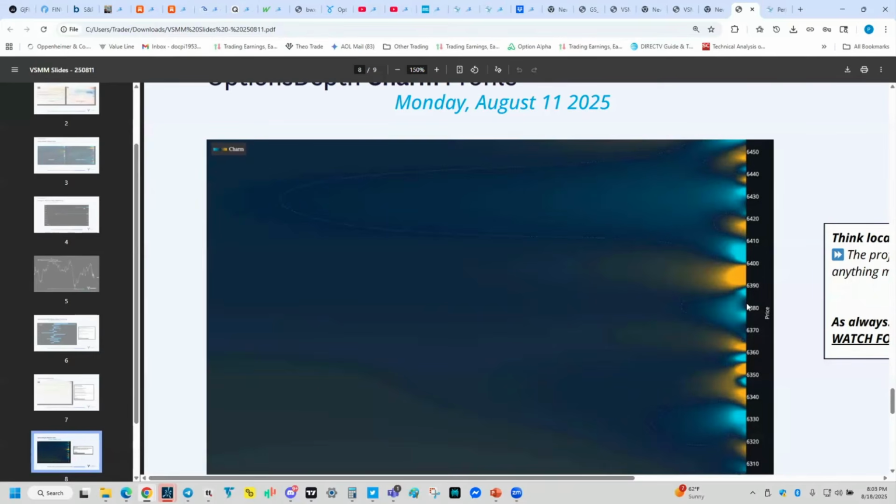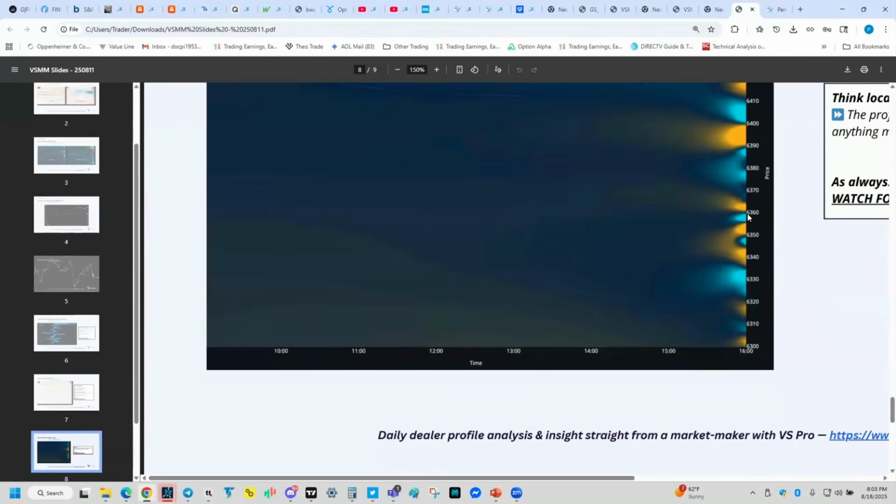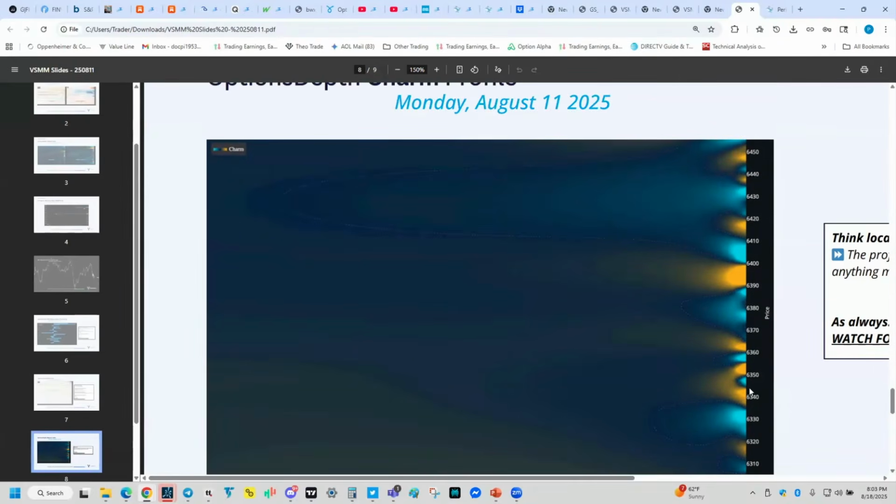So when we try and find the pin, it's going to be under 90. Well, here we have a real wide one, somewhere between 90 and 70. But if we're down here, now we have a pretty good chance of the pin. It's going to be somewhere in the blue between these two yellows. But it depends where we are as the day progresses.